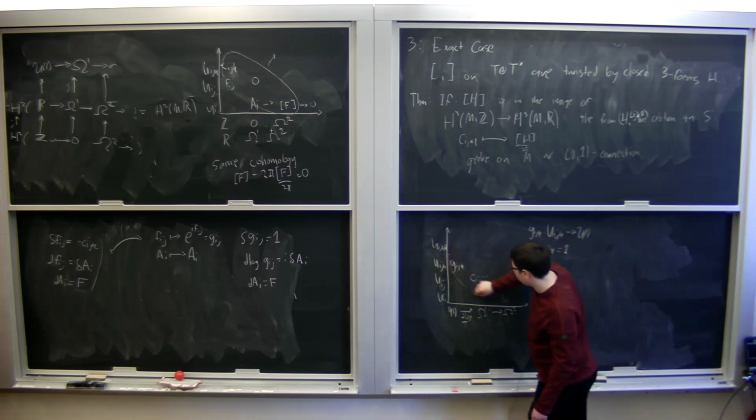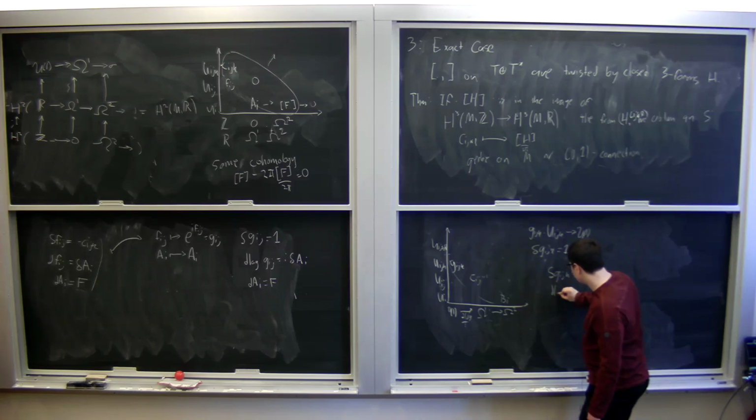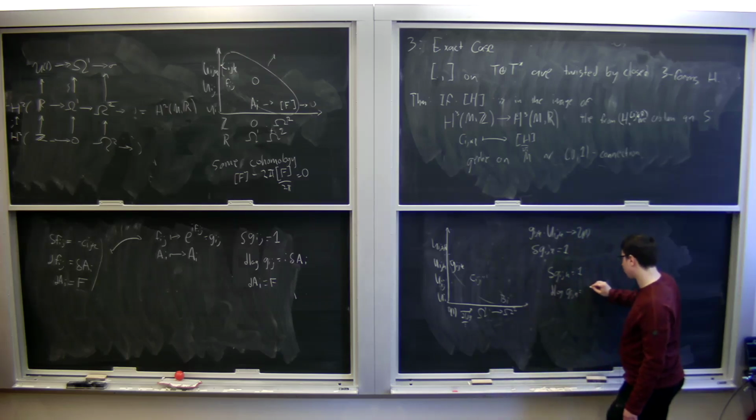And if I want this to be an actual class, then I would need to have that delta of g_ijk is equal to 1, d log g_ij is equal to delta C_ij times i.